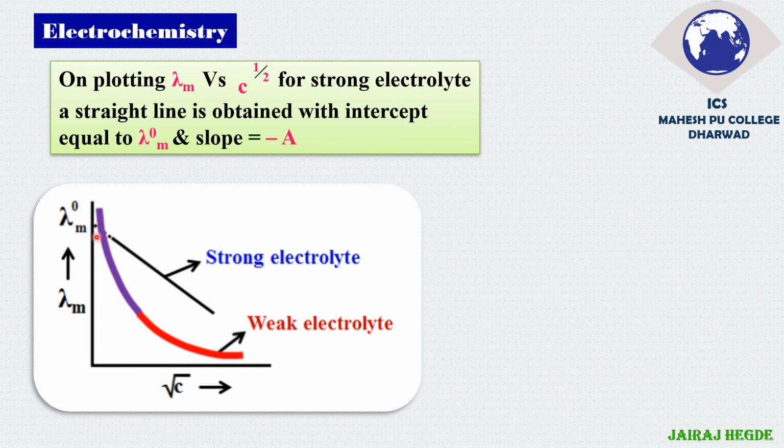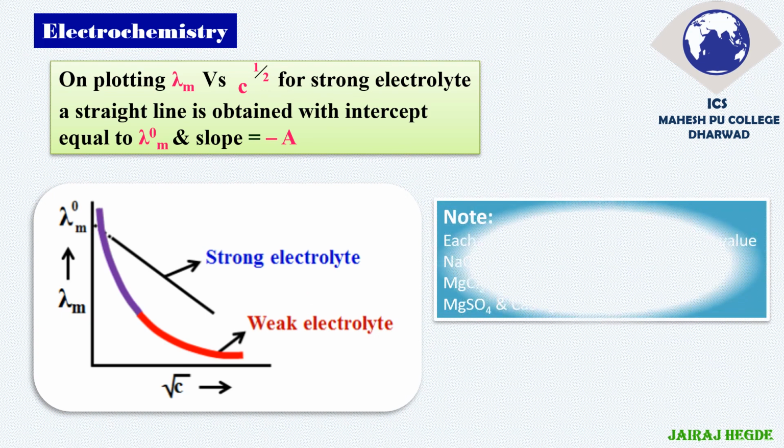So that's why it appears to be a straight line. Lambda m versus root c will be a straight line. If I extrapolate this, where it touches the y-axis, we call it lambda m naught. And the slope of this straight line is minus A, with the minus sign because it is a negative slope.